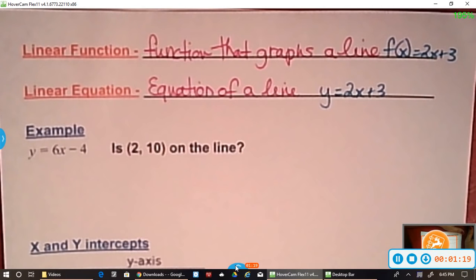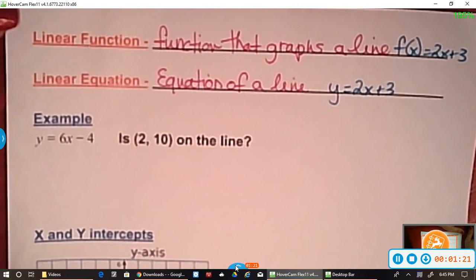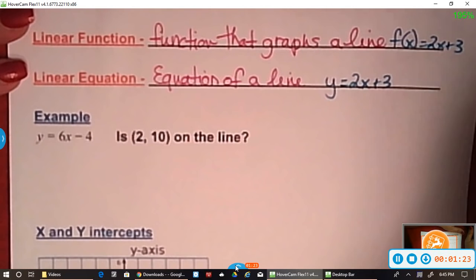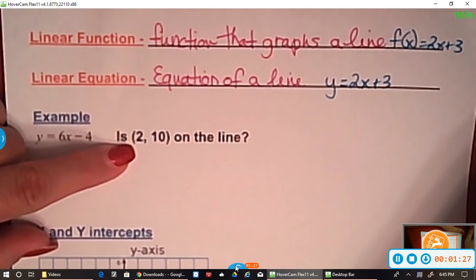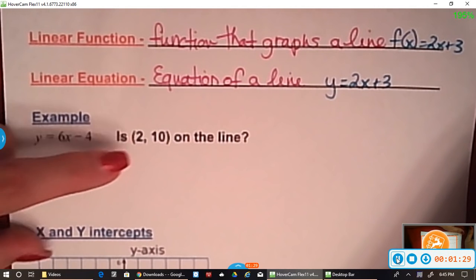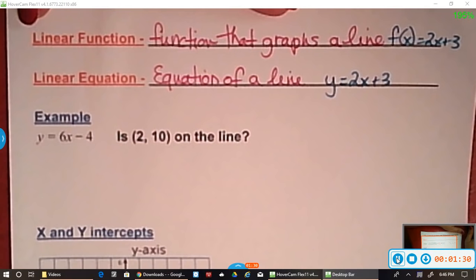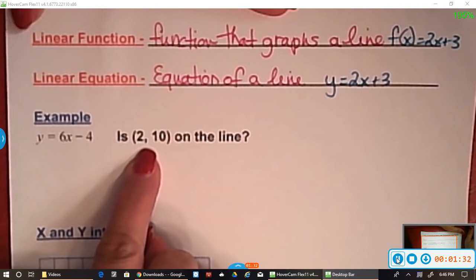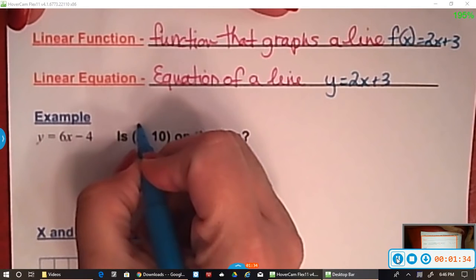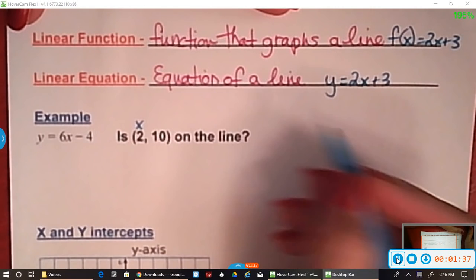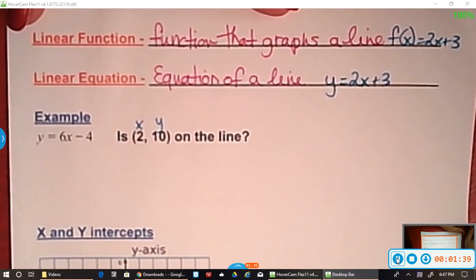So here, if I take this example, y equals 6x minus 4, I can figure out if this point is on the line. To figure that out, all we're going to do is plug in 2 for the x value and 10 for the y value and see if it makes a true statement or not.